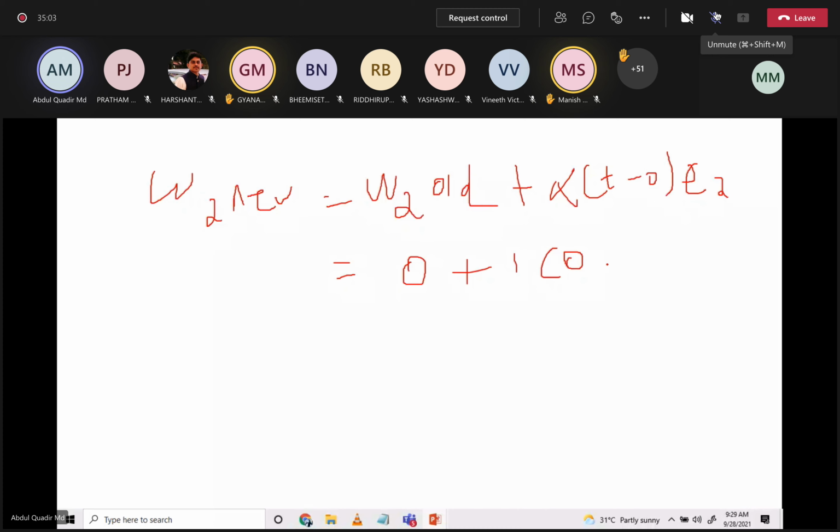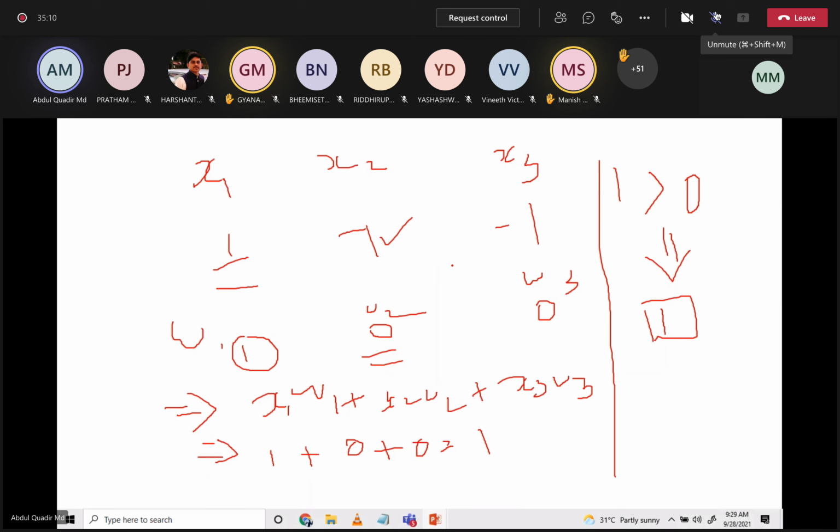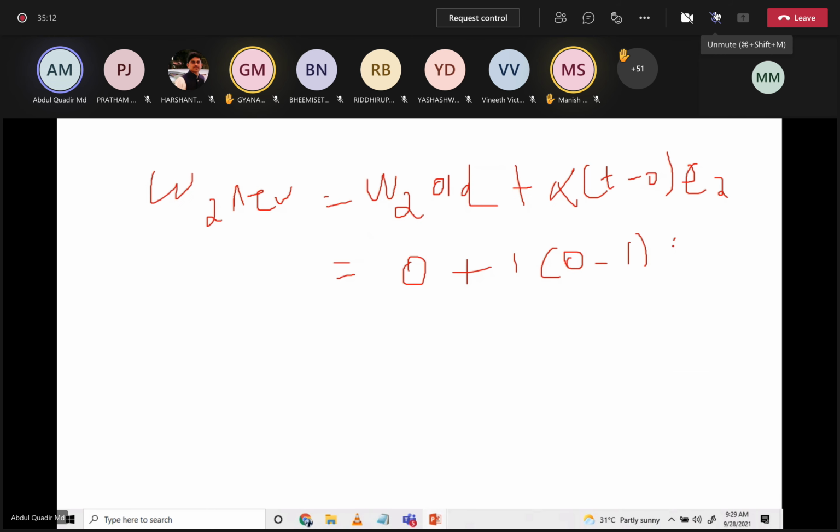What have we got? Minus 1 into x2. x2 is minus 1. So 0 plus 1 into minus 1 into minus 1. So what are we going to get? 1. Is it clear to everybody?